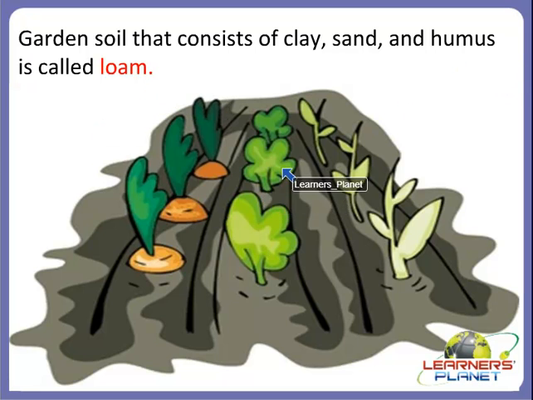As you can see in the picture, this is loamy soil. So loamy soil is usually very good for growing plants. So children, always remember that for growing plants you should use loamy soil, because loamy soil is very good for growing various types of plants, because it contains clay, sand and humus.